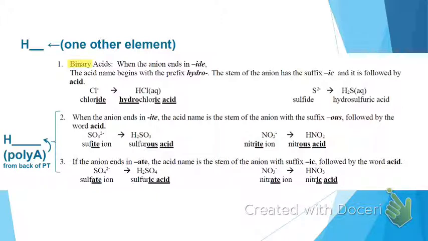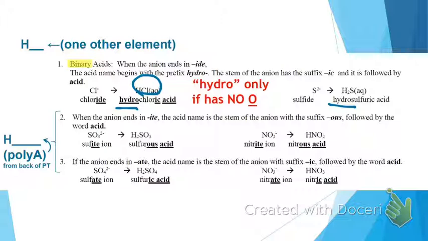So in binary acids, you're going to be able to recognize their names because their names start with hydro. You can see a couple examples here: hydrochloric acid, hydrosulfuric acid. And if you're looking at their formulas, the way you can tell whether or not to use hydro is that we're only going to use hydro at the front of it if it has no O's in it.